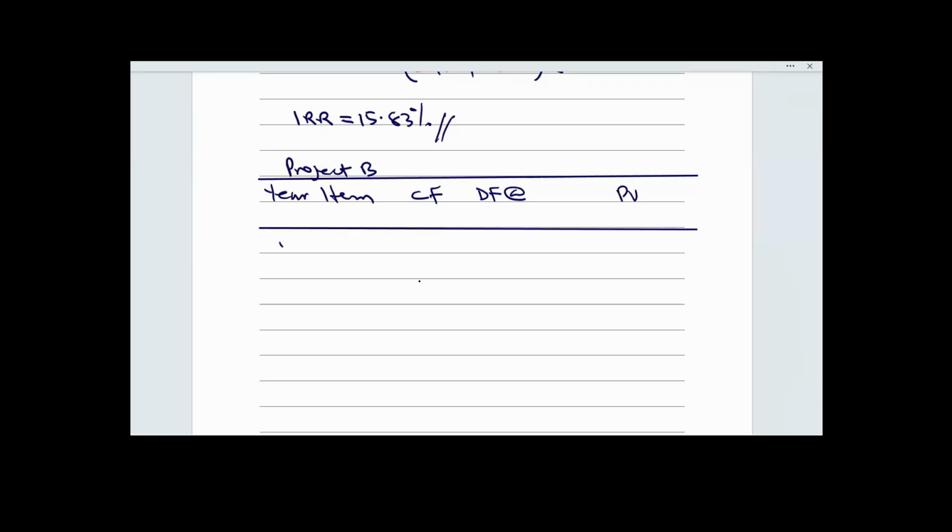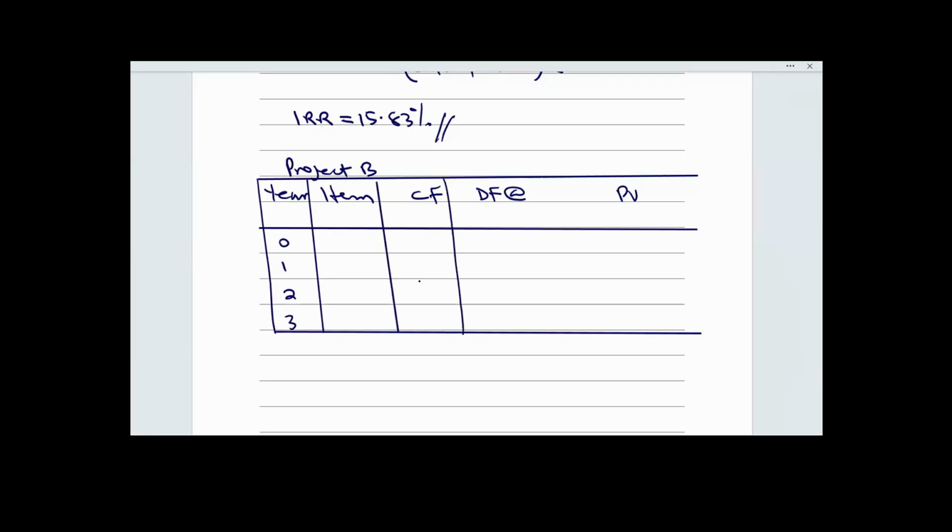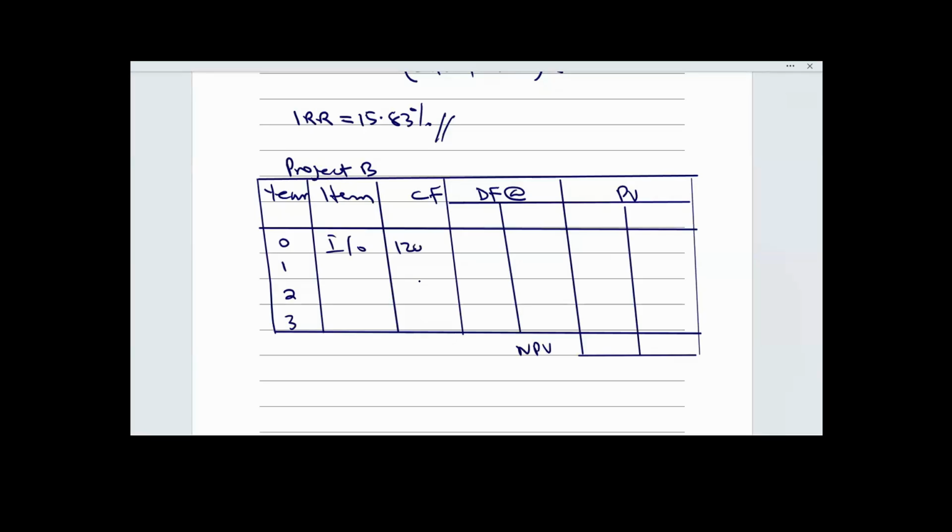Yeah, 0, 1, 2, 3. So that will be the NPV. Now, for project B, the initial outlay is 120,000 naira.